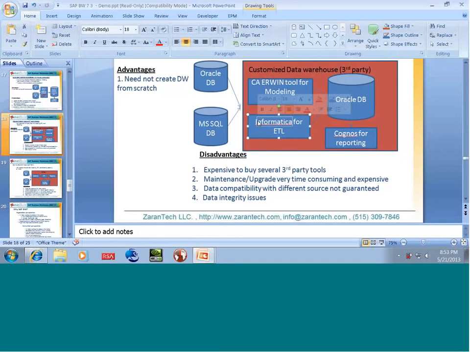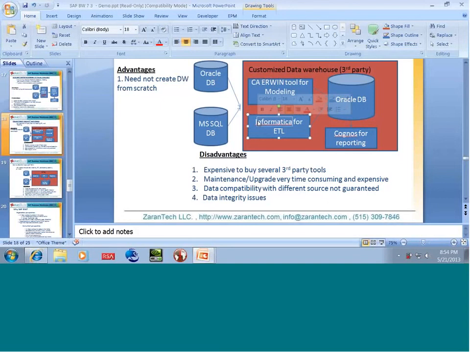Every year there could be potentially three minimum upgrades that we will have to do for Erwin, for Informatica, and for Cognos for reporting. So that is very time consuming and very expensive also. Maintenance takes away a lot of budgeting money from an information technology department. So that is another big disadvantage.